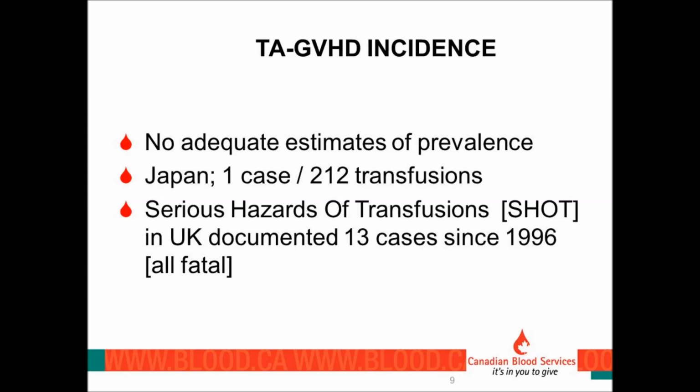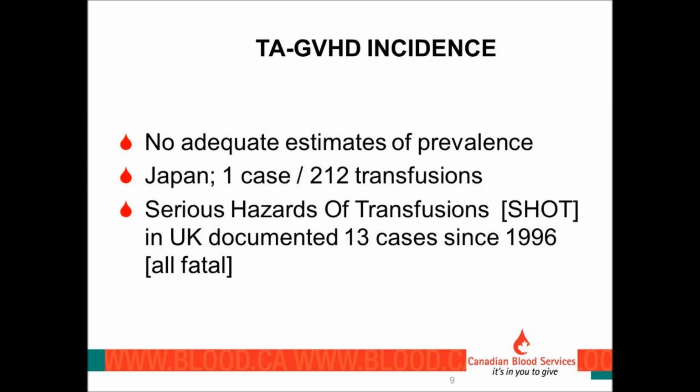As for the incidence of transfusion-associated graft versus host disease, we really don't have good estimates of how often it occurs. But Japan is an island that's been isolated with a single population for thousands of years, and they have a common HLA type. They get one case of transfusion-associated graft versus host disease in 1 out of 212 transfusions.